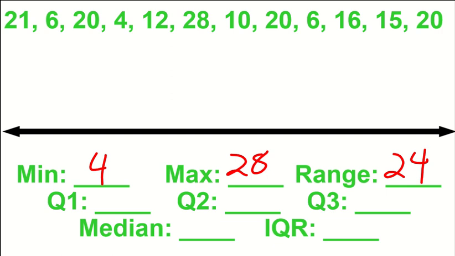Q1 is not 6. Eight. It's between 6 and 10. So 6 plus 10 is 16. We divide that by 2. So I'll go ahead, I'll list it out.